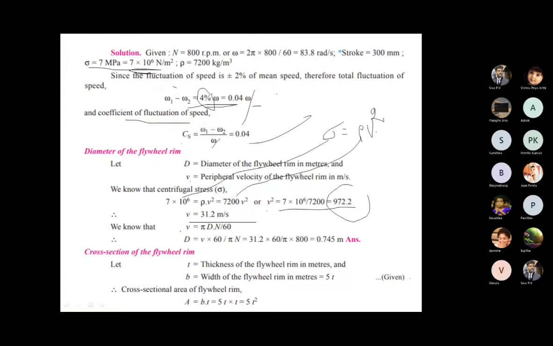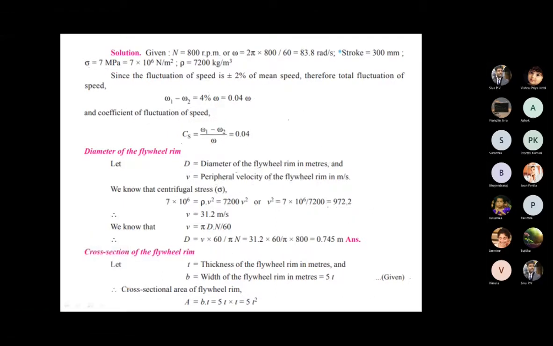Now we know that v equals pi d n by 60. In this formula, the diameter d is the unknown value and n is given as 800, divided by 60. So d is v into 60 divided by n.